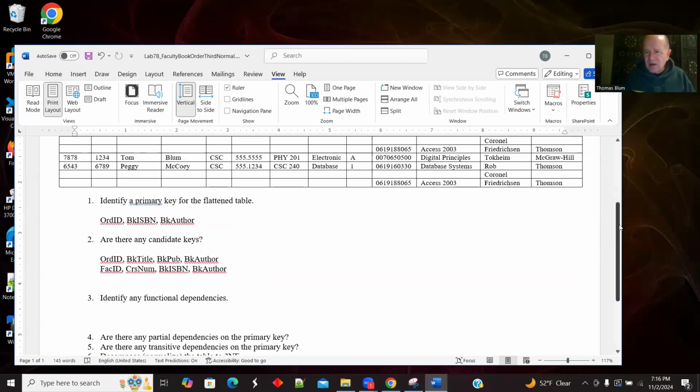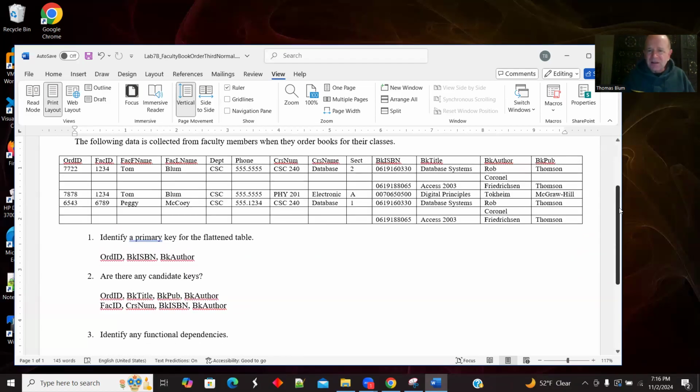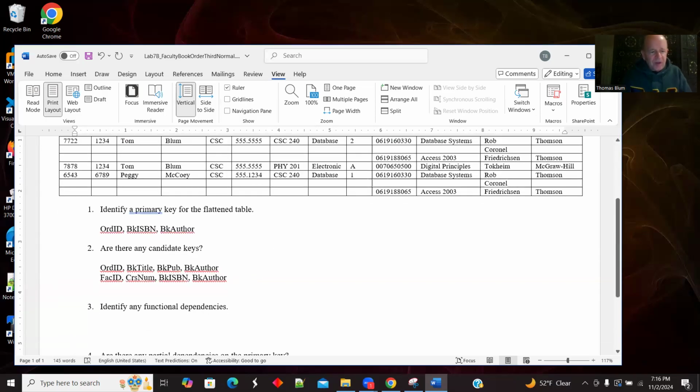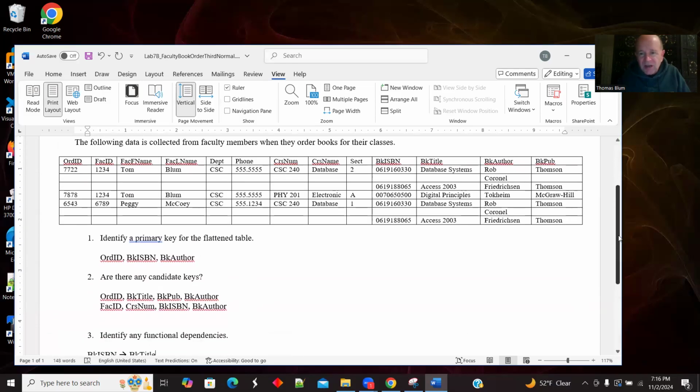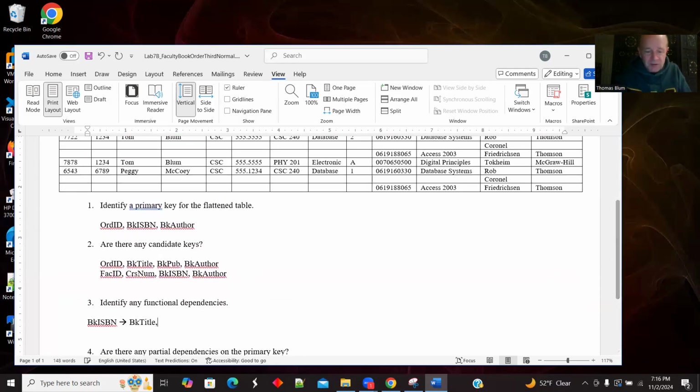So let's have a look here. Of course, what's the book ISBN is going to determine for us the book title, and what I called it, book title, book publisher.